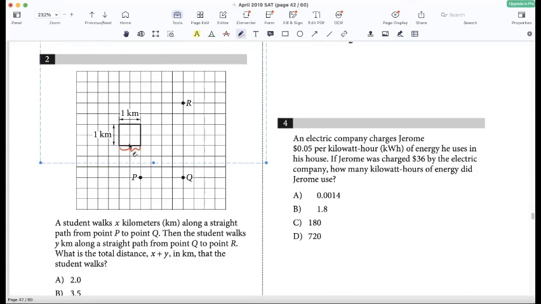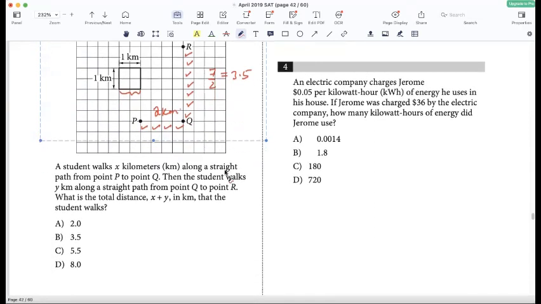And similarly, this is 1 kilometer. So from P to Q, we have 1, 2, 3, 4. So that's 4. So that would be 2 kilometers. And from Q to R, we have 1, 2, 3, 4, 5, 6, 7. So that will be 7 by 2, which is 3.5 kilometers. So the total distance is 5.5.